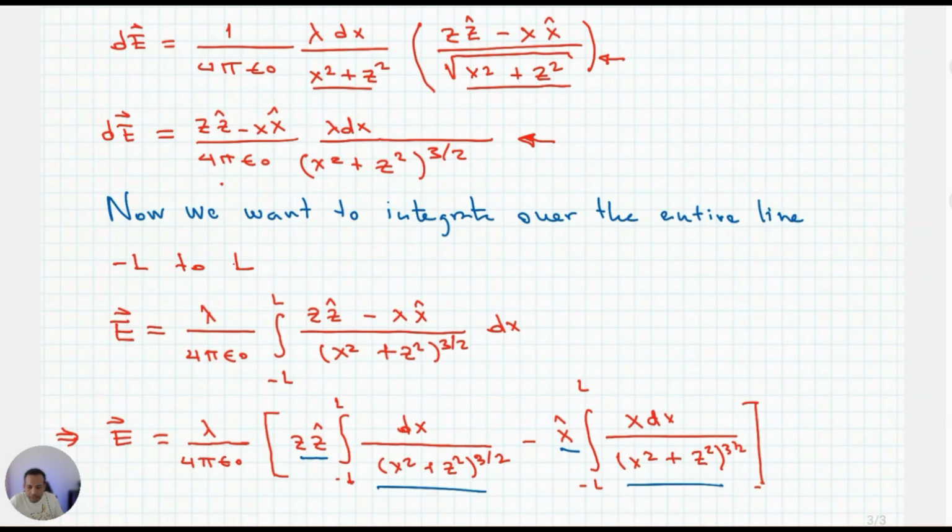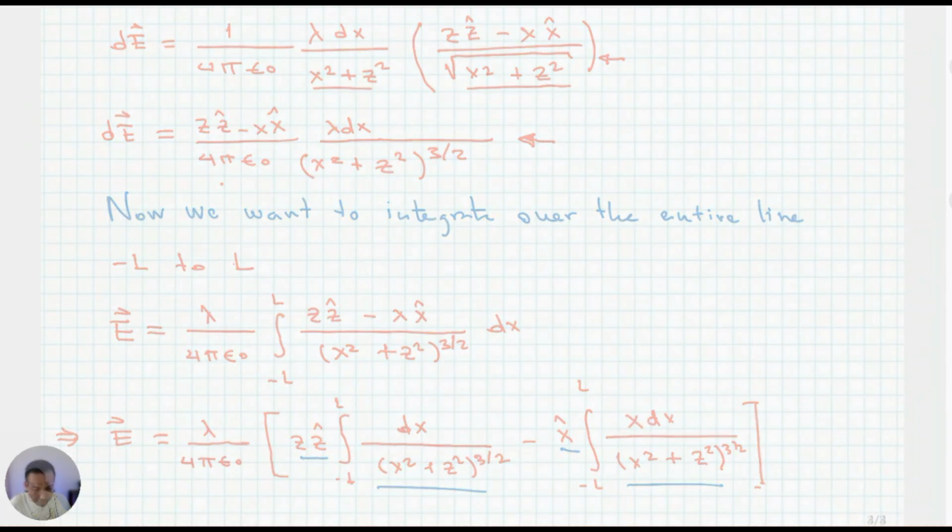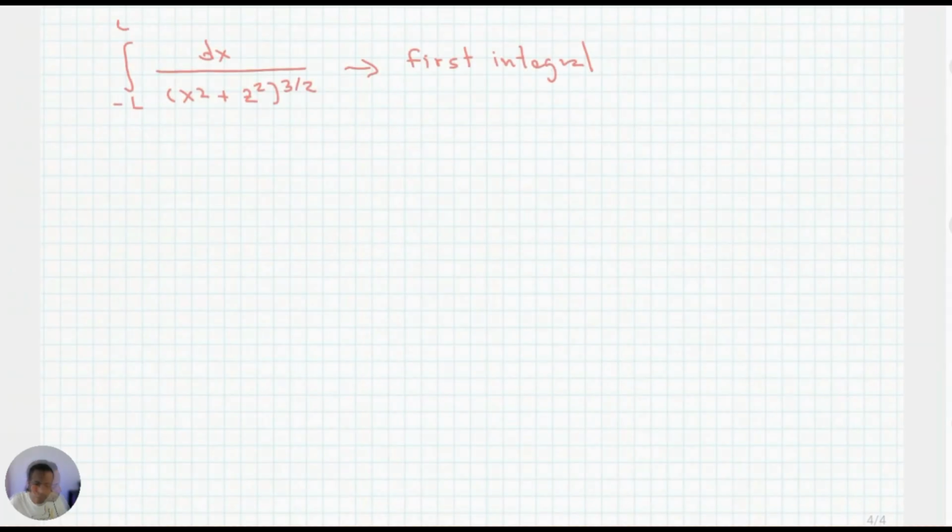Here is where the physics becomes clear. So let's talk about each component right now and see what happens. The first integral is this, and nothing is weird with this, so we will solve this integral. And the second integral is this.